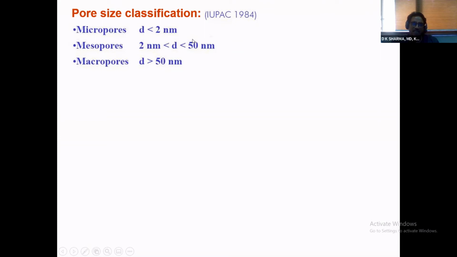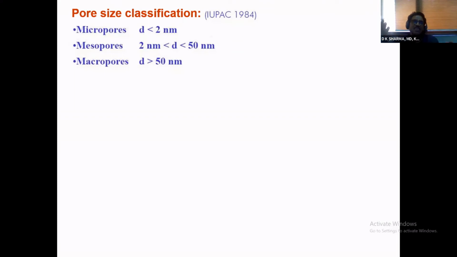It was done in 1984, as I mentioned here. In 1984 we were slightly backward in instrumentation compared with what is available today. Measuring any pore larger than 50 nanometers would have meant measuring the data very close to saturation.